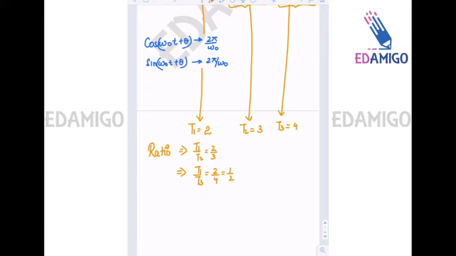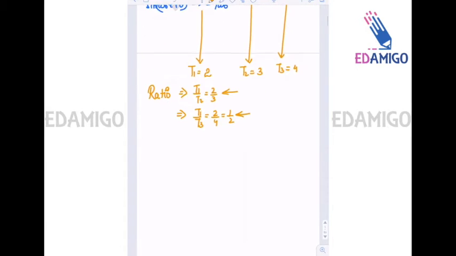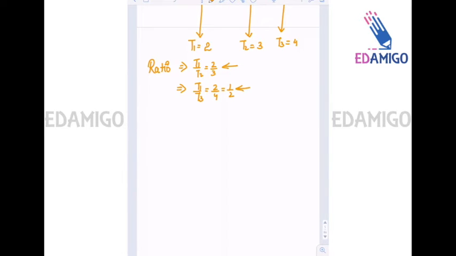Now since both these ratios are integer upon integer, the signal f(t) is periodic. In step number 4, we will find the LCM of the denominators. The denominators are 3 and 2, so the LCM of 3 comma 2 is 6.